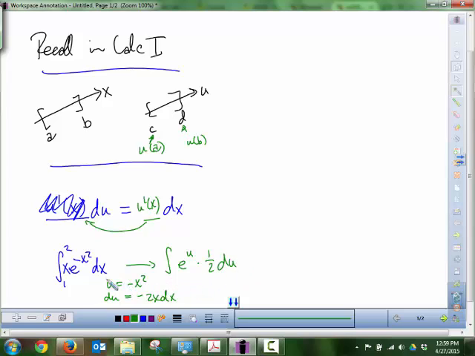But the other part of this that I wanted to get at was changing the limits. So you have to put this value of x into this formula and get a new u value. So I think that's going to be negative 1. And if I put 2 in for x, I'm going to get negative 4.